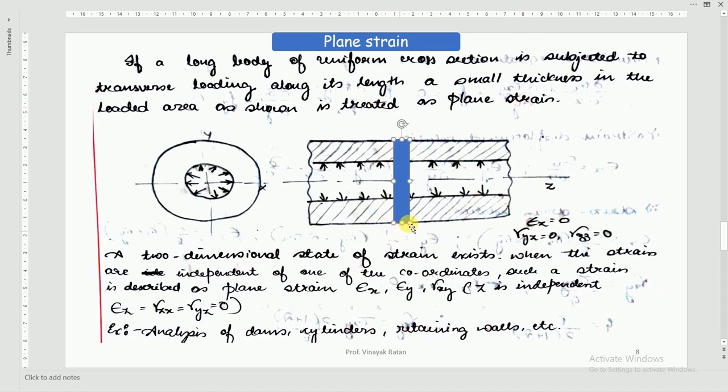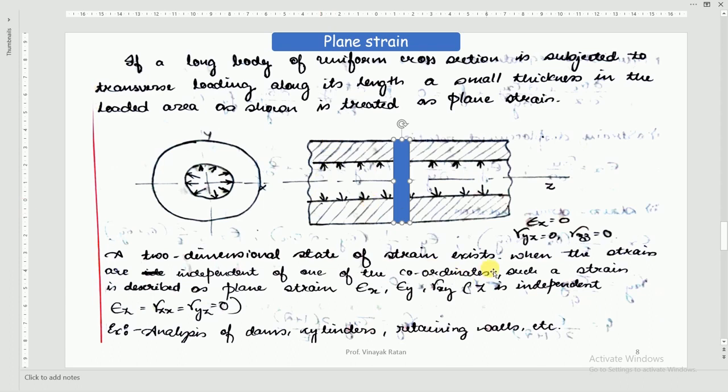Only this portion is being treated as a plane strain problem, not the whole body. So for a longer body, only a small, infinitesimal thickness is considered as a plane strain problem. Wherever you have long bodies, if you take a smaller section of it, the strain in two directions will be there, and in the third direction it will be negligible.